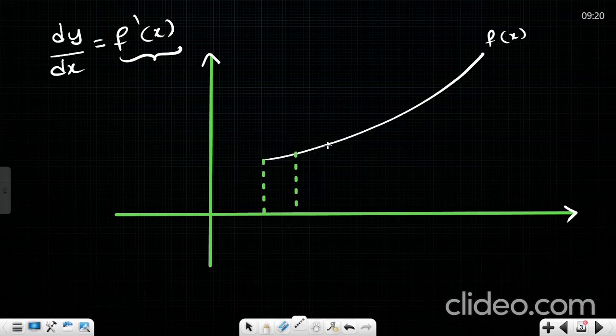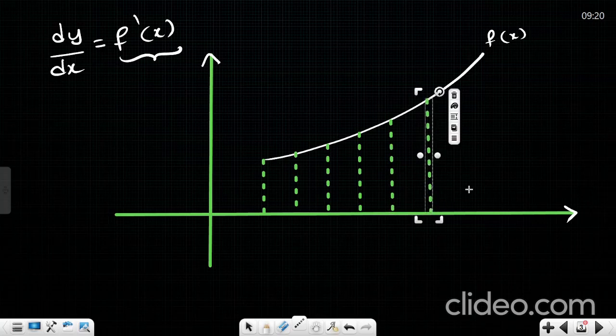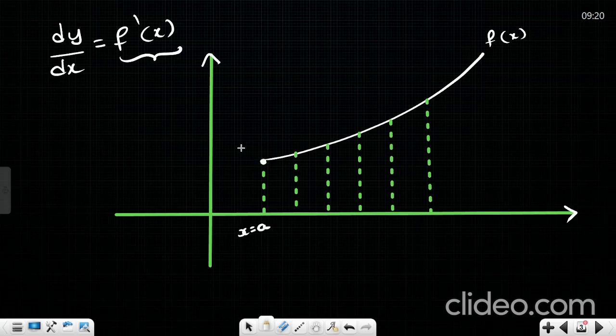I am taking it in different intervals. So this is x equal to a, where the value of the function, f of a, is also given for us. That is called the initial condition that they will give in the question itself.